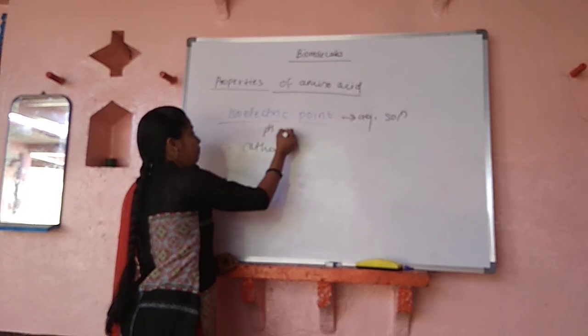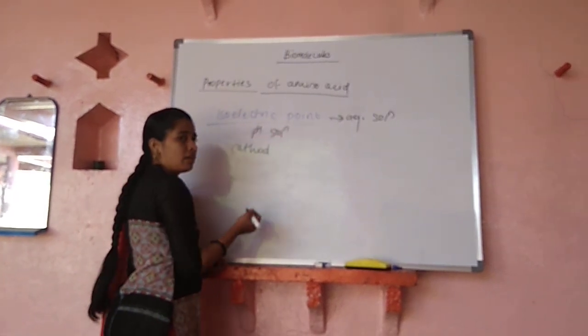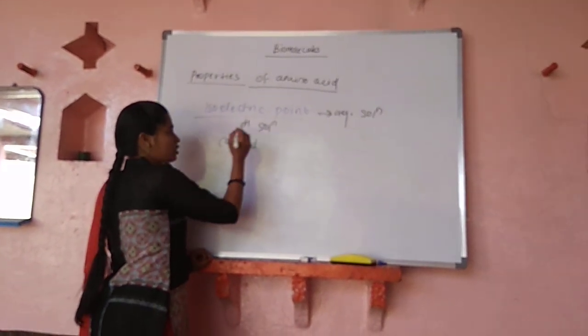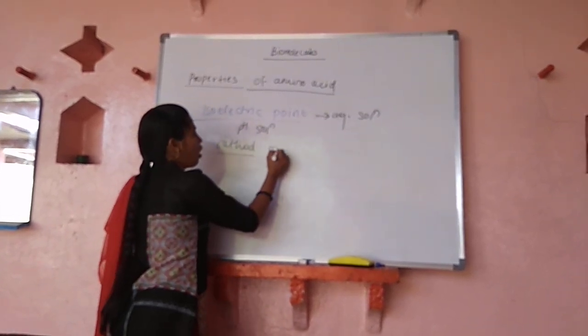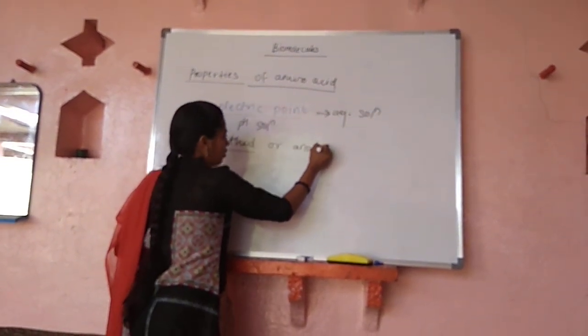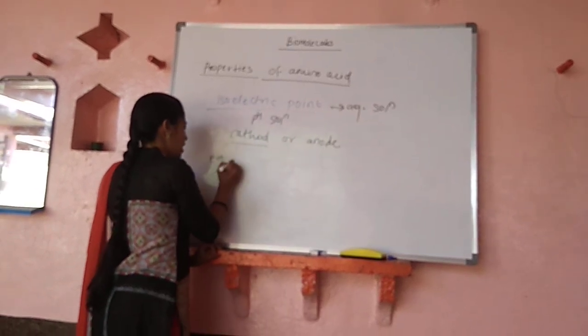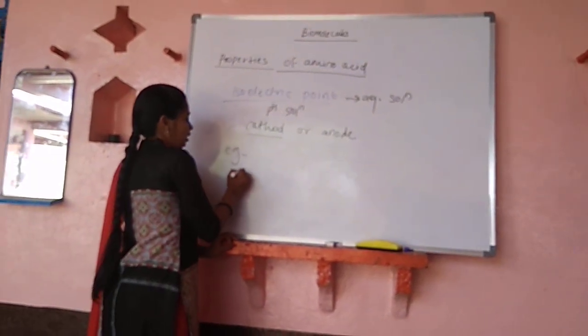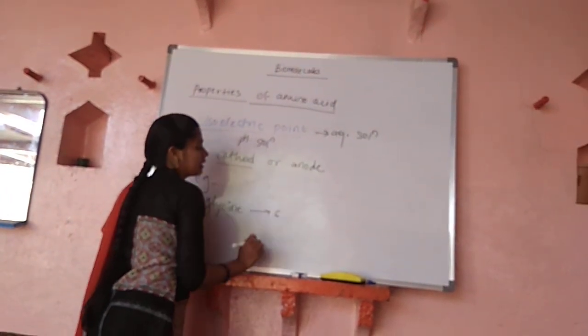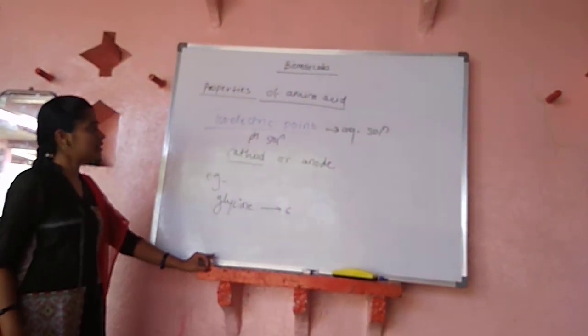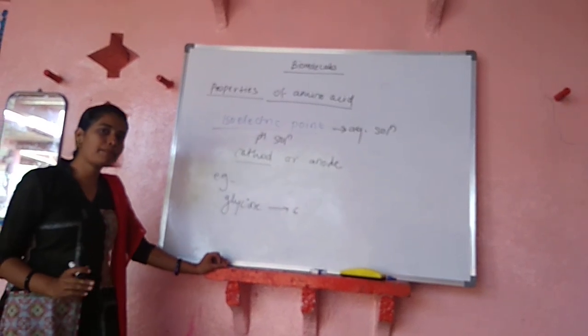But at that pH the ions cannot move towards the cathode or anode. I will give you one example. The isoelectric point of glycine is 6.